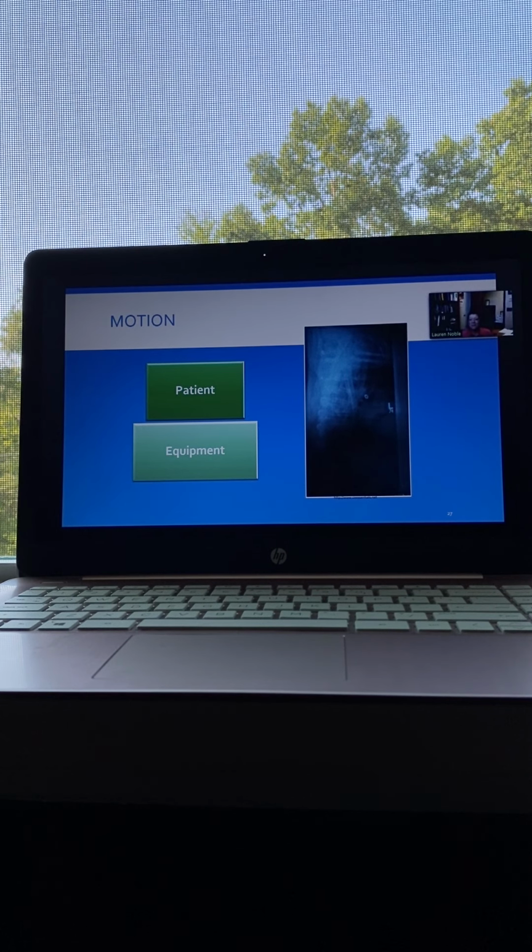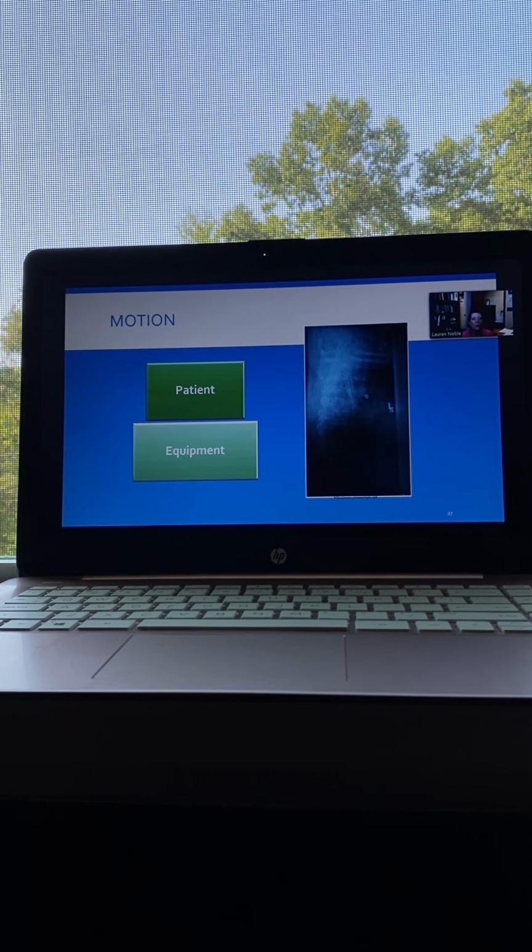So what's the best way to minimize motion? I guess communication with the patient about being still, and then immobilization techniques like sandbags and all that kind of stuff. Right. The number one way is communication. That always makes for a good question.